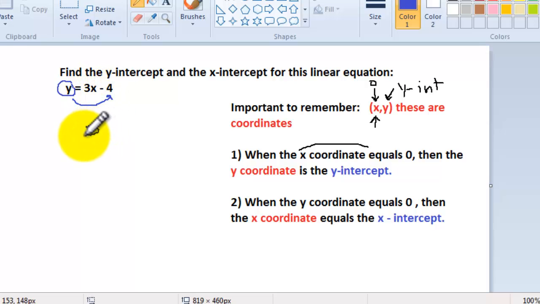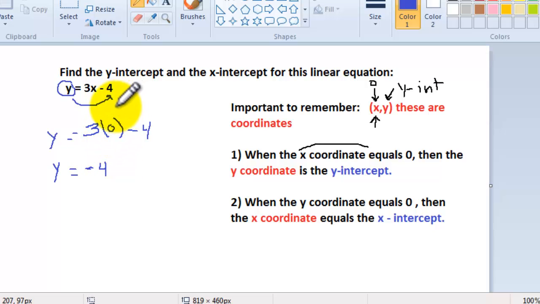If we plugged in 0 for x, I'm sorry, replace that x with 0, and we calculated, we would get y equals -4, because 3 times 0 is 0, 0 minus 4 is -4. So our y-intercept is -4.